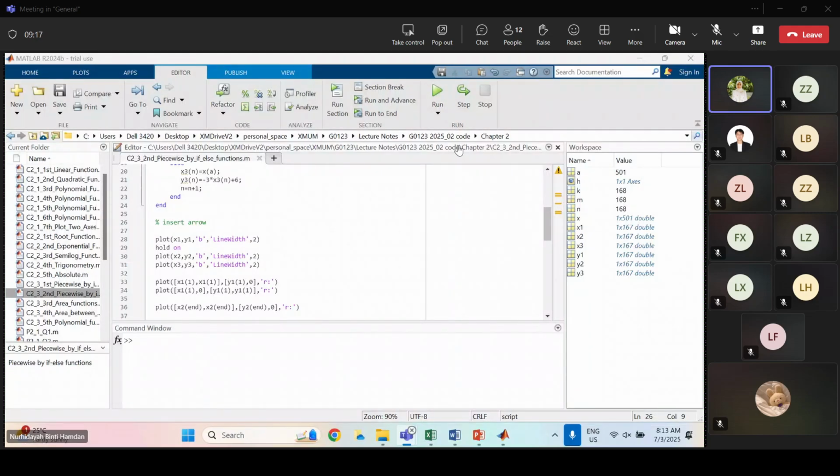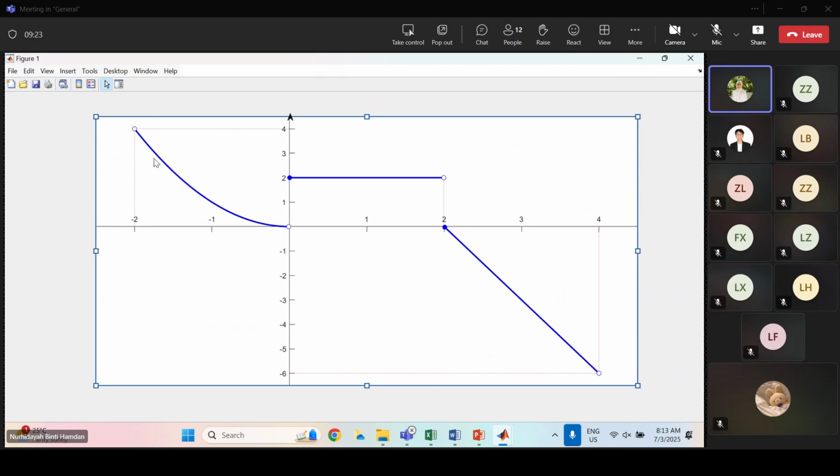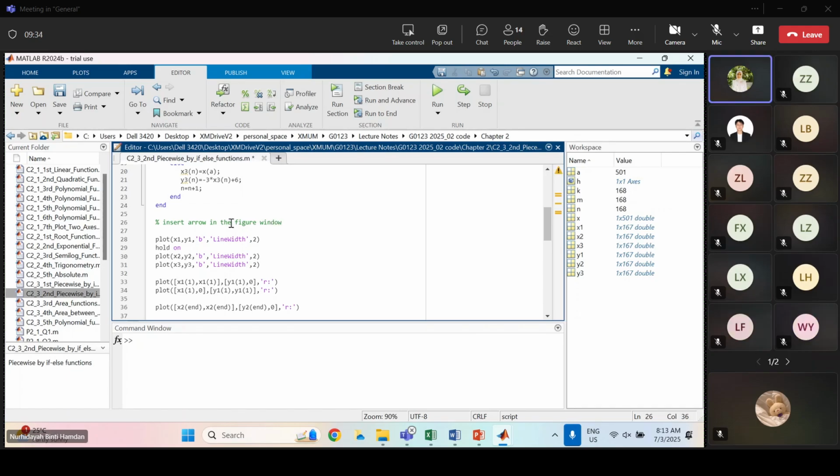You can use it like this. You say that you insert arrow using the figure window. You can say like that, but you have to mention it. You understand? If you don't mention it, you have to draw the arrow manually.